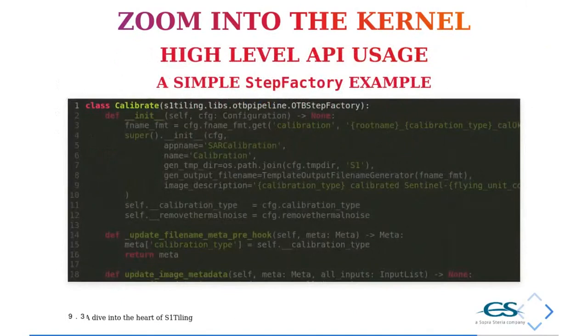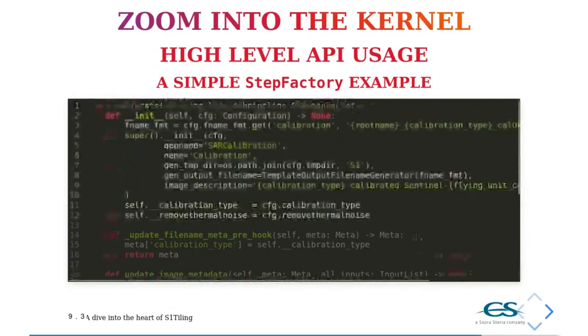If I want to define the calibration step factory, I first inherit from the S1Tiling dedicated class, then in the constructor, I will register the typical file name that is produced. The file name that is produced will use those metadata.